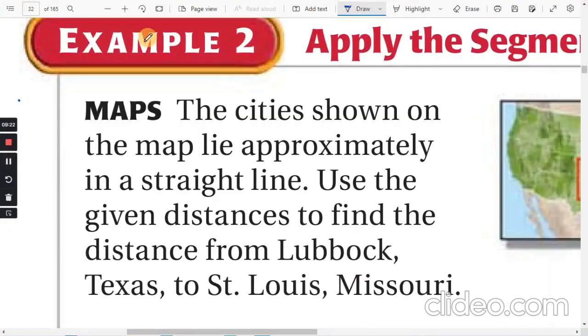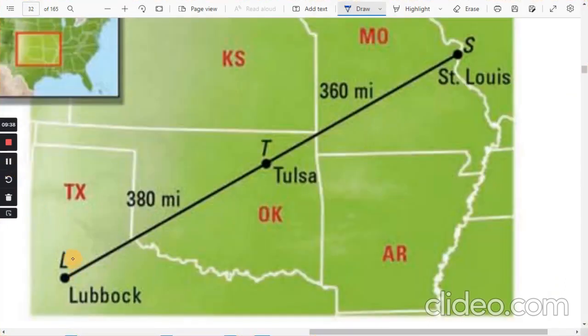Example 2, the cities shown on the map lie approximately on a straight line. Use the given distance to find the distance from Lubbock, Texas to St. Louis, Missouri. Let's take a look. This point here, L, is Lubbock in Texas, and this point here, S, is St. Louis.